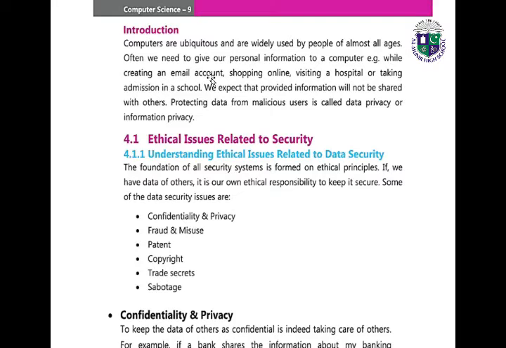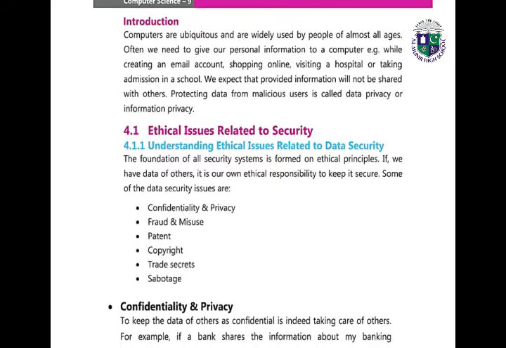While creating an email account, shopping online, visiting a hospital, or taking admission in a school, we expect that provided information will not be shared with others. Protecting data from malicious users, malicious means unknown users or dangerous, is called data privacy or information privacy. So this is the definition of data privacy and information privacy.